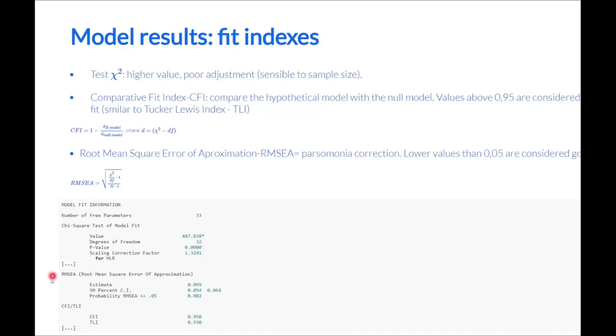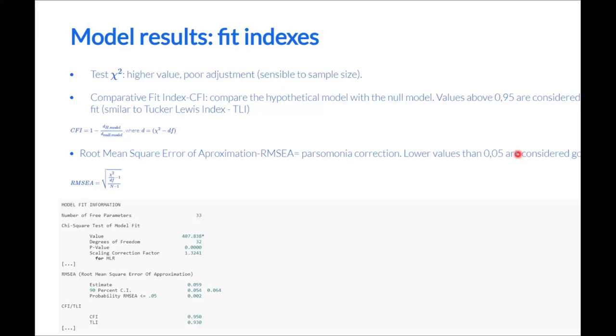And the other indicator is RMSEA, where the closer to 0, the better; lower than 0.05 is considered a good model, and less than that is a better model. It's a kind of parsimony correction. In this case, we have to report and interpret the three elements.